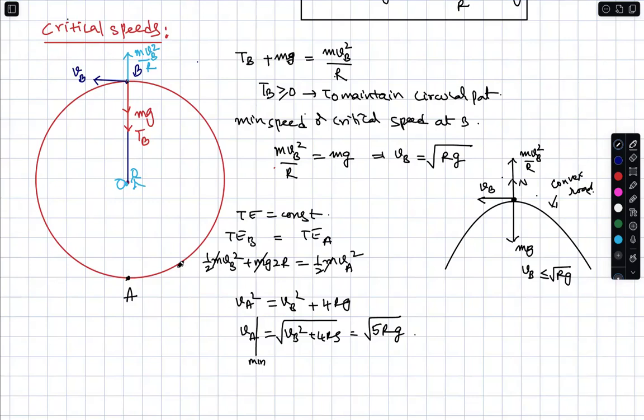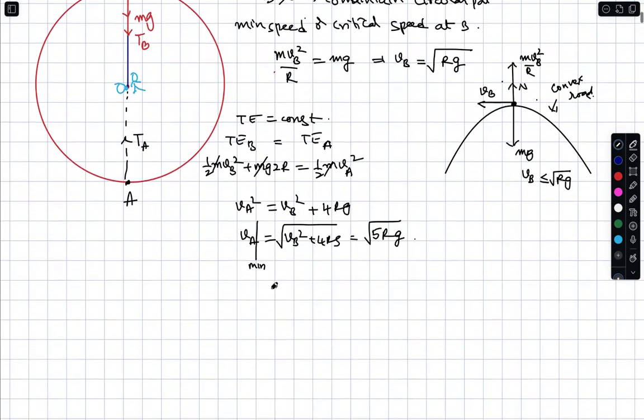At this speed, what is the tension at A? The tension at A is mg plus mVA square by r.